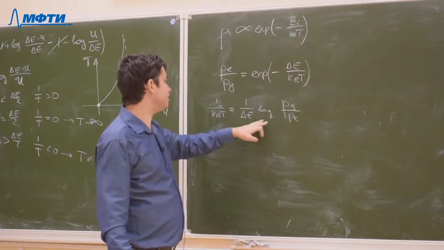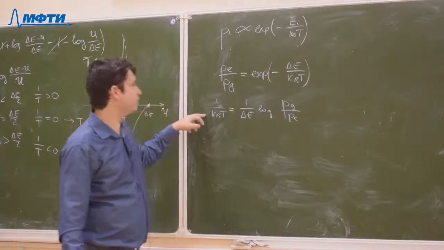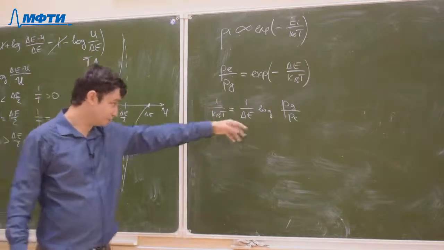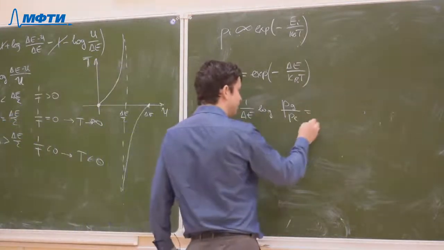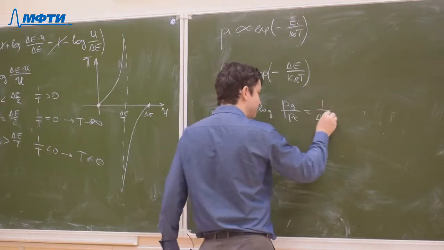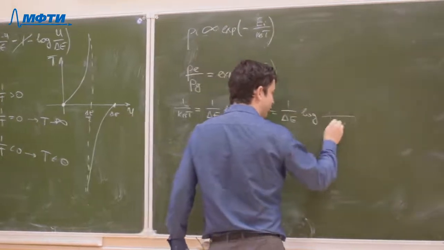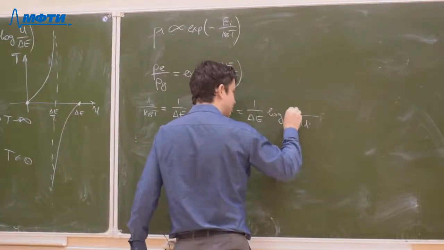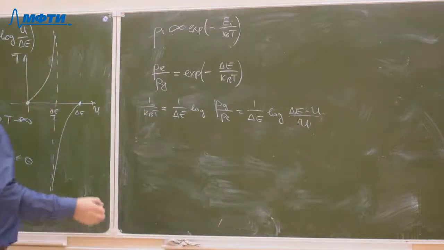Then we take natural log, we have delta E over kBT, and then we get 1 over kBT as 1 over delta E ln of P ground over P excited. And then we can just insert values for P ground and P excited, and again get the same expression.